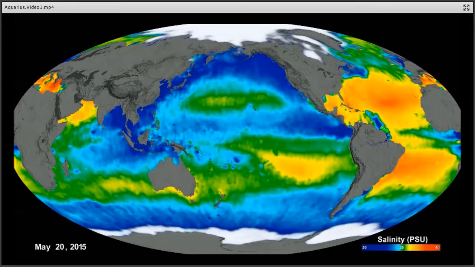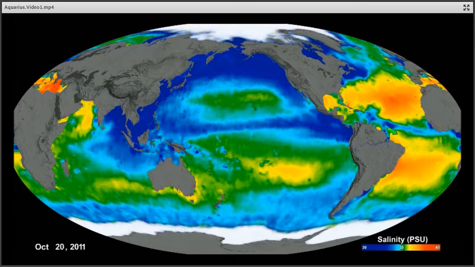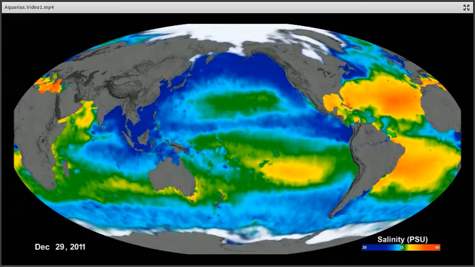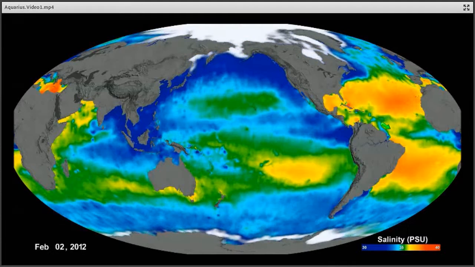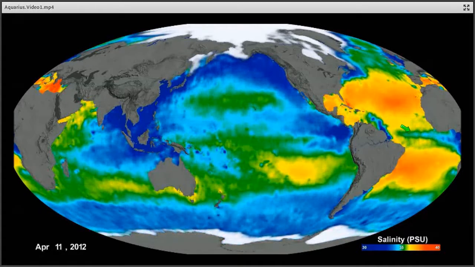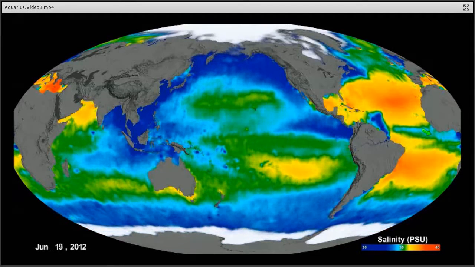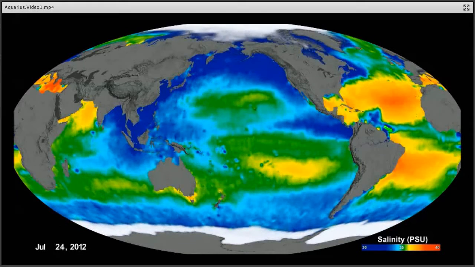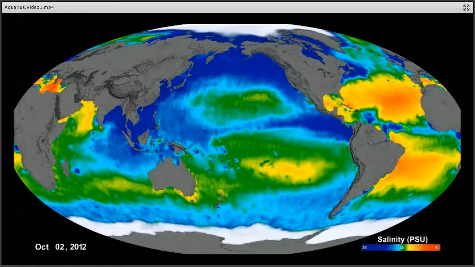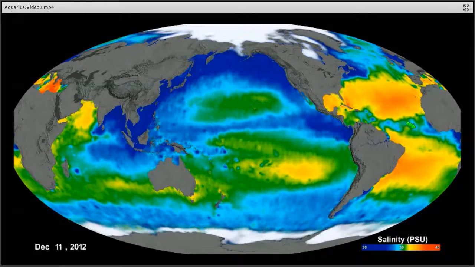For example, the Amazon outflow in the Northeast Atlantic, that in one season, the outflow goes to the northeast and in another season, it retroflects into this current called the North Equatorial Countercurrent, and that fresh water traverses across the Atlantic and is influenced both by the river plume of the Amazon flow and the precipitation of the Intertropical Convergence Zone, or ITCZ.